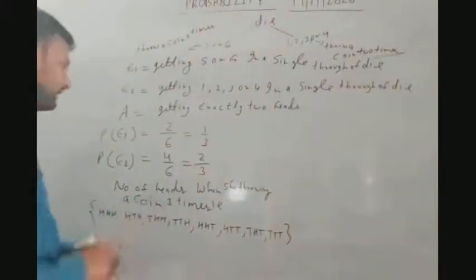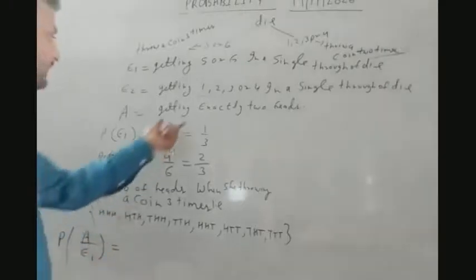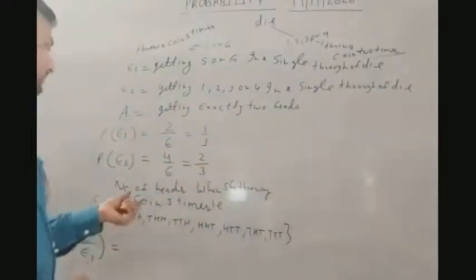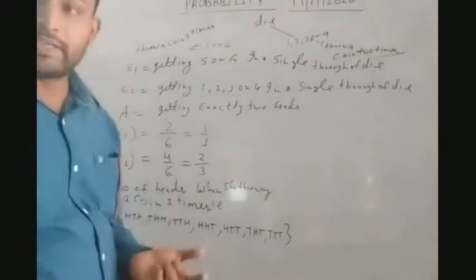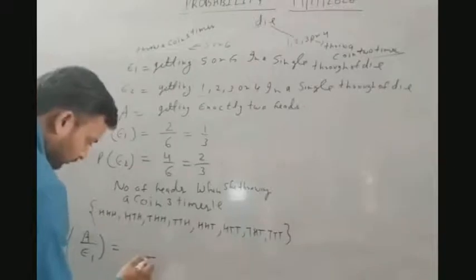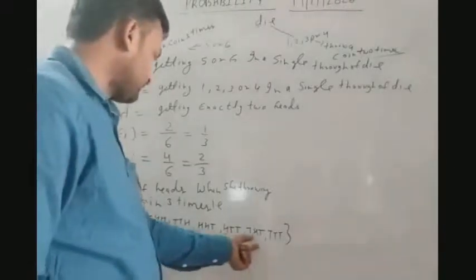So we have to consider what is the probability of A by E1. This is getting exactly 2 heads when a coin is tossed 3 times. So when the coin is tossed 3 times, the total number of possibilities is 8. 1, 2, 3, 4, 5, 6, 7, 8.